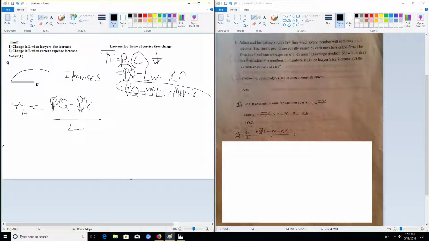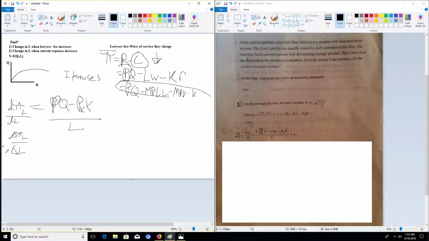So with this, we need to ask what the derivative of this shows. The derivative, with respect to labor, is D income over DL, which is a change in income in response to a change in labor.